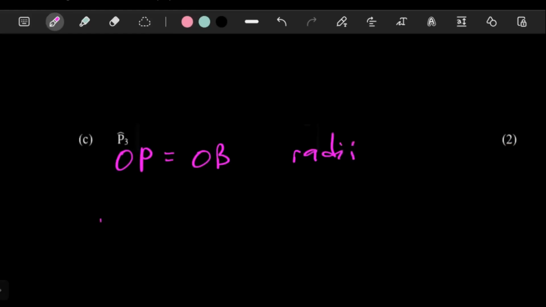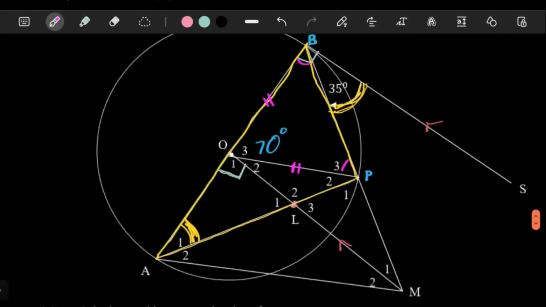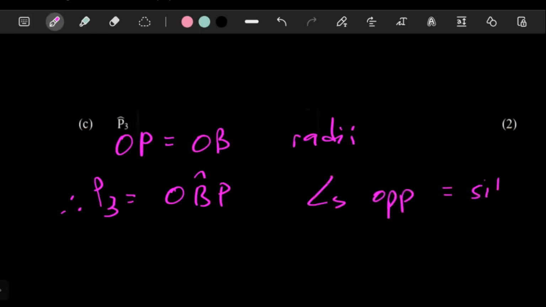So that now we can say P3 is going to be equal to OBP. The reason is angles opposite equal sides.